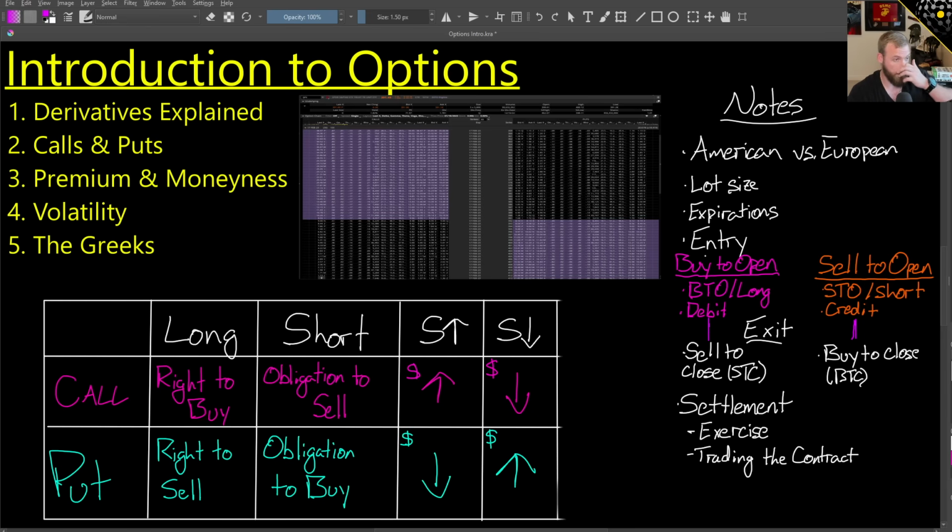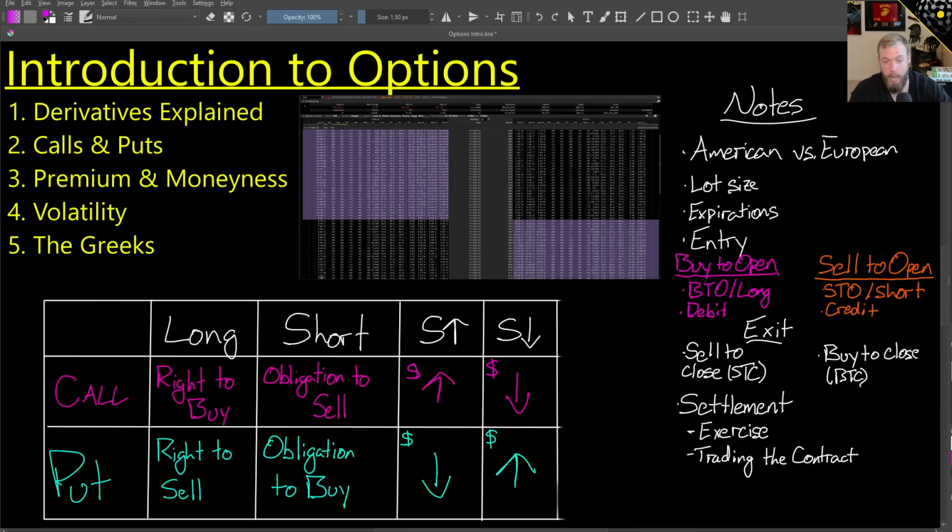And whenever we're talking about options, if you're long an option, it means you BTO, you bought to open. If you sold an option to establish a position, you STO, sold to open. And then the movement of money is exactly as I outlined. If you buy something, you are paying out. So you are giving somebody else money. That's a debit. And then if you're selling, you're receiving a credit.